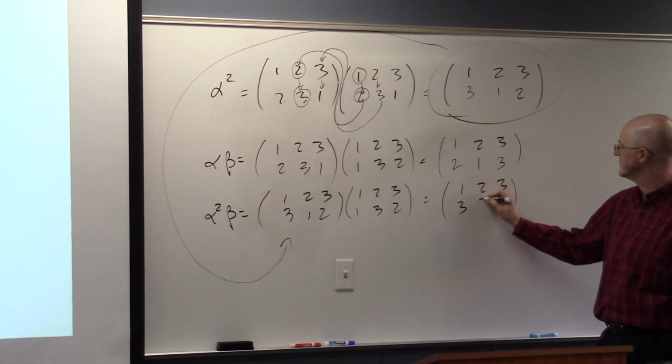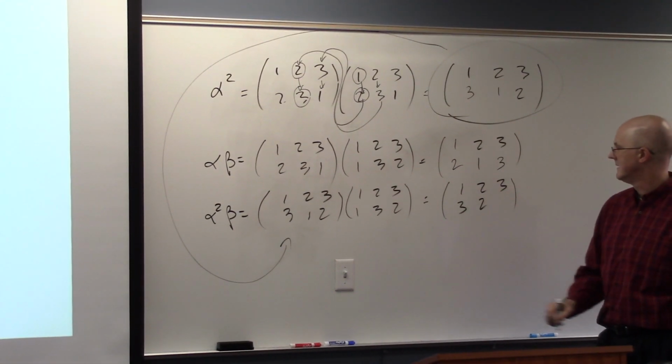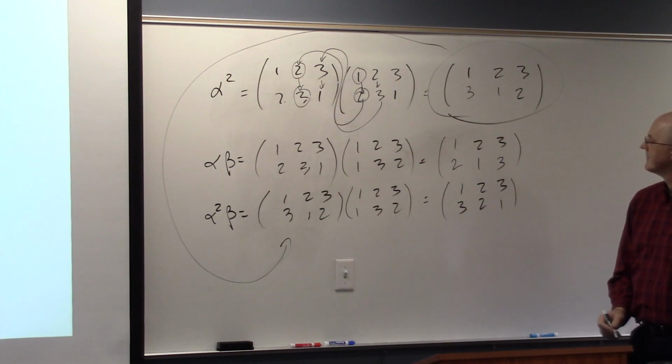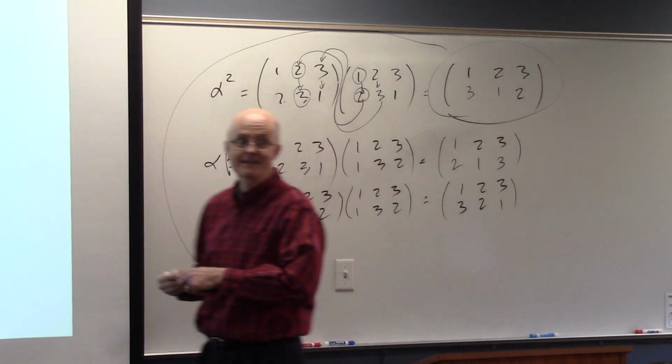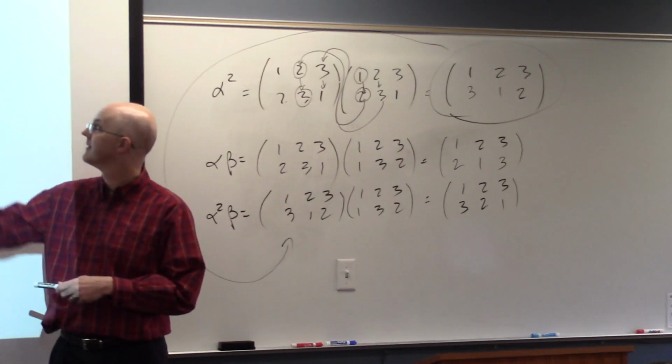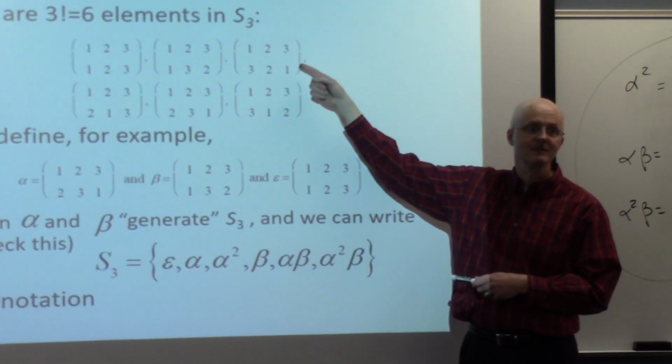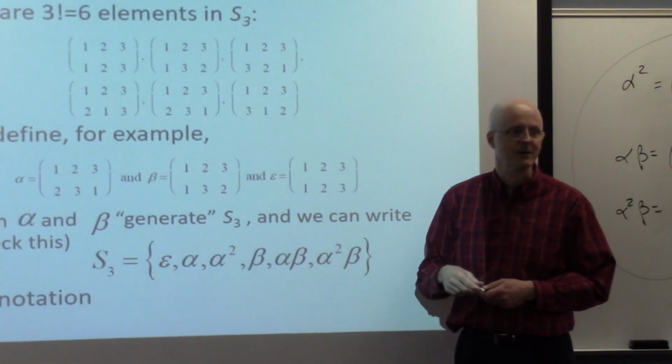So this one maps 2 to itself. 3 gets mapped to 2, and then 2 gets mapped to 1. And that is the one that we have left back over here. That is that one. So we've got a match here.